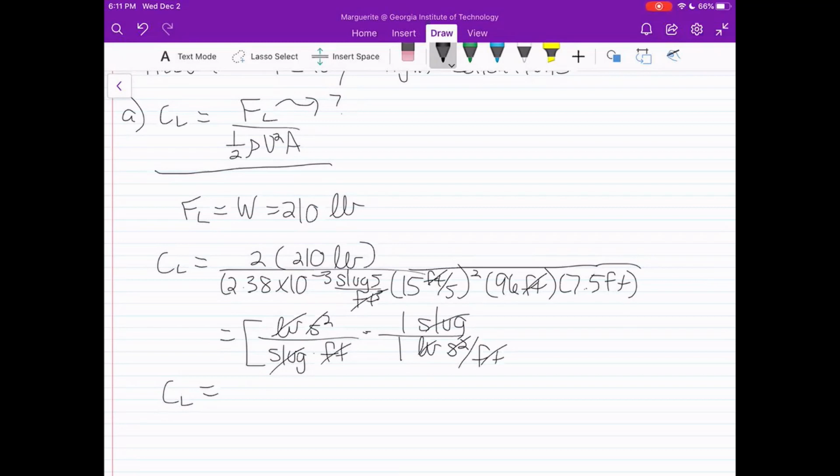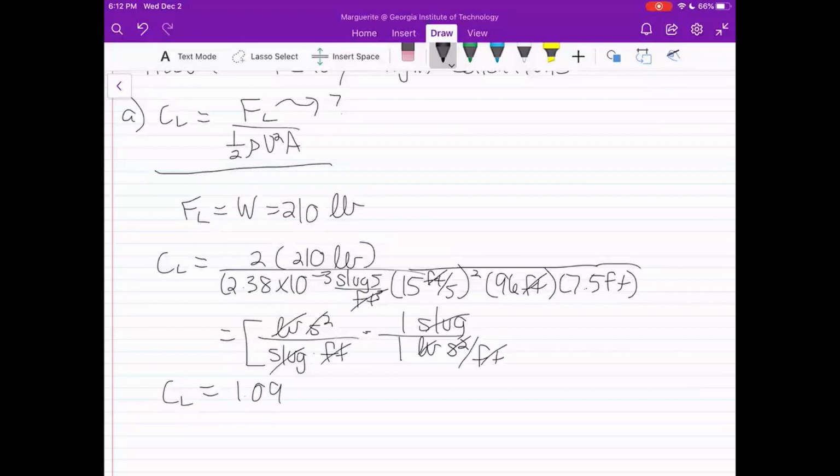16.3. Anybody else get? Okay, somebody else got 1.09, 16.3. Anybody else? All right, so the answer is actually 1.09.